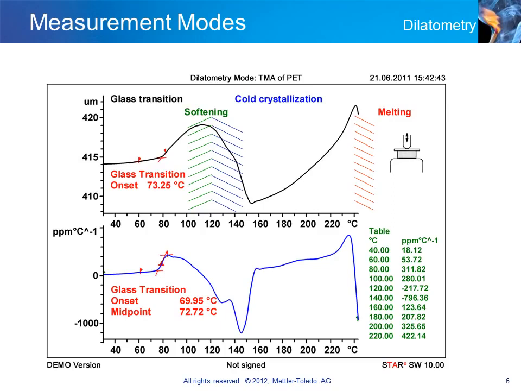The lower curve shows the coefficient of thermal expansion, CTE, as a function of temperature. This is calculated from the thickness curve and the initial sample thickness. The CTE curve typically exhibits a step increase at the glass transition. The information can also be presented in the form of a table.